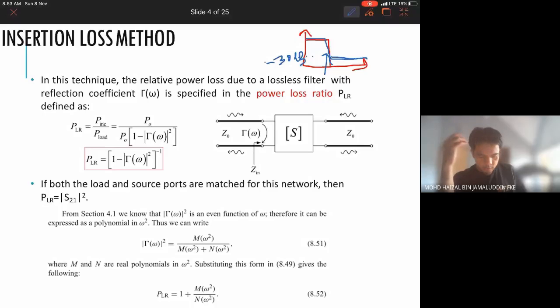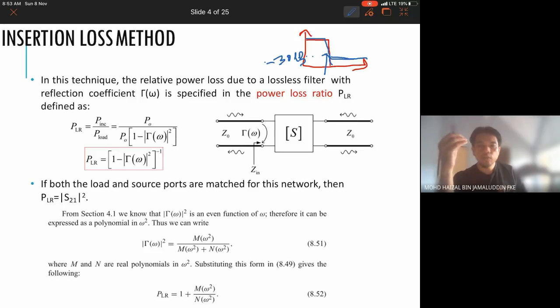For example, we want to design a desired response. If we want to have a minimum insertion loss, it is important to have a binomial response or Chebyshev response.